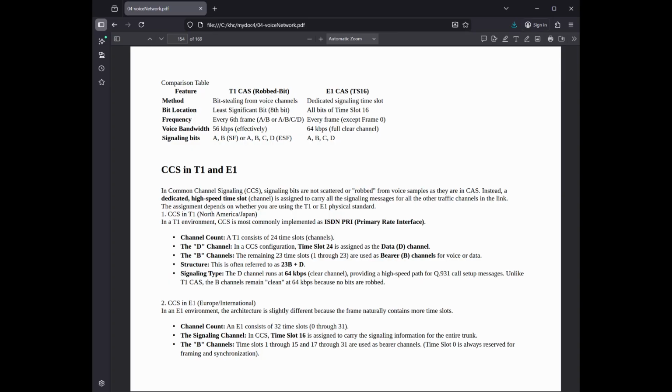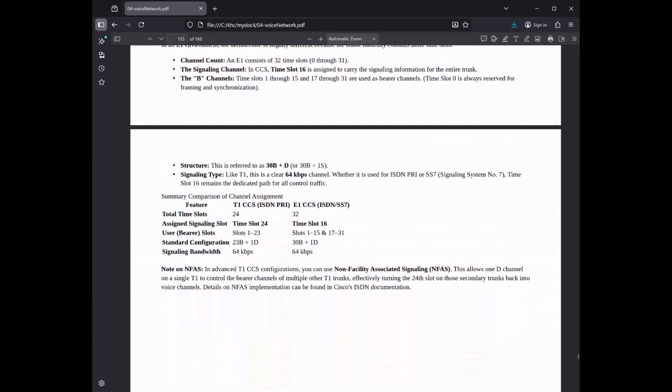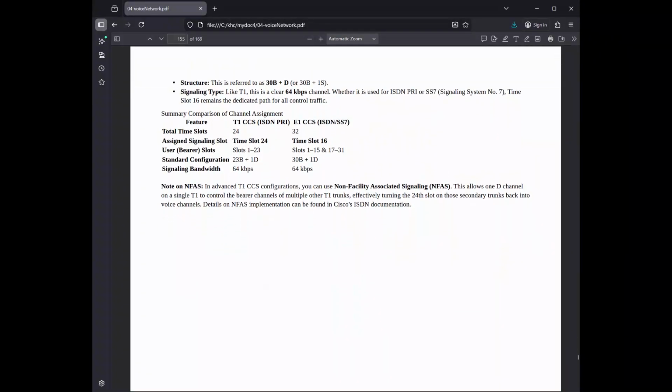The B channels: time slots 1 through 15 and 17 through 31 are used as bearer channels. Time slot 0 is always reserved for framing and synchronization. Structure: this is referred to as 30B plus D, or 30B plus 1D. Signaling type: like T1, this is a clear 64 kbps channel. Whether it is used for ISDN PRI or SS7, Signaling System Number 7, time slot 16 remains the dedicated path for all control traffic.